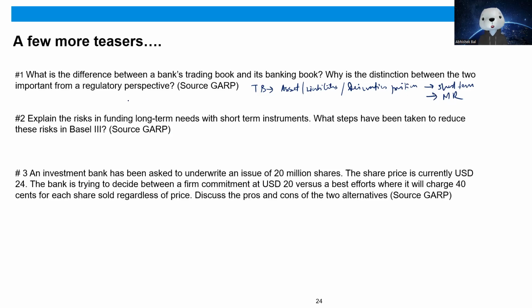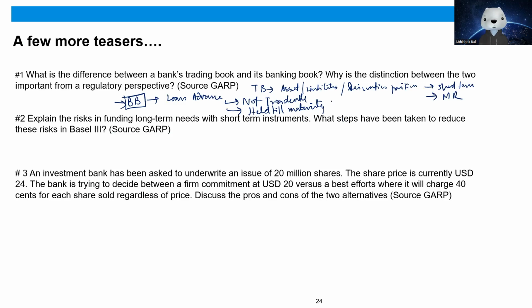Whereas anything other than that will fall into the banking book. The banking book obviously comprises the loans and advances. Now, these loans and advances, first to begin with, are not tradable. Second, they are to be held till maturity, or if there be an early defacement or a prepayment on the part of the borrowers.